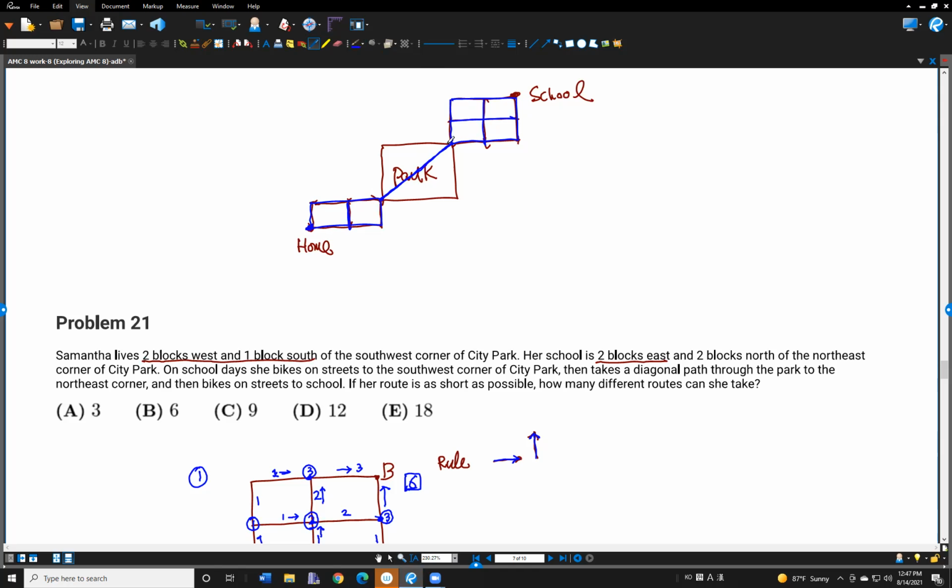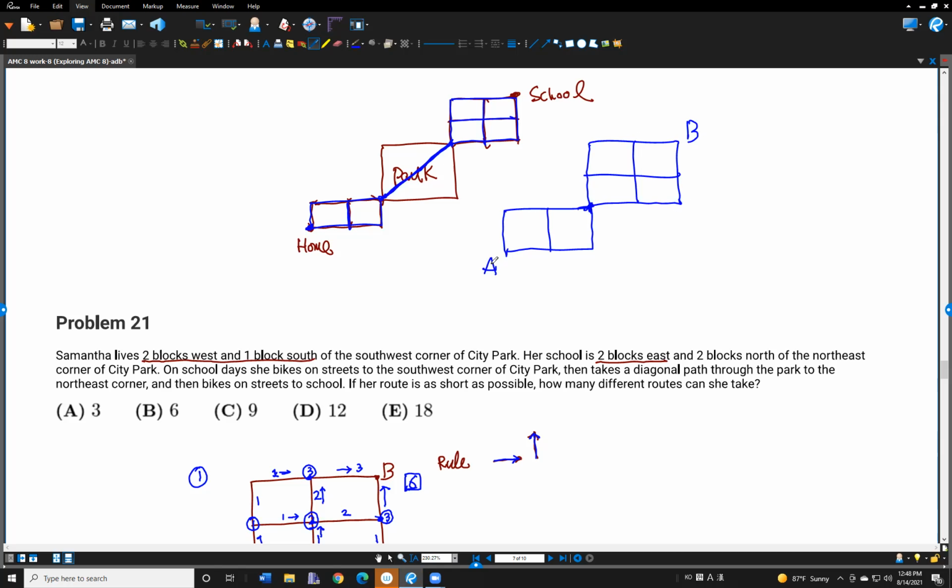Maybe you can use it, but this is only one way. You can change this one a little bit. This is 1 block over here. There's no other way except this one, okay? Same thing, isn't it? From A to B, from here there's only one way, right? I'm gonna put this one attached.